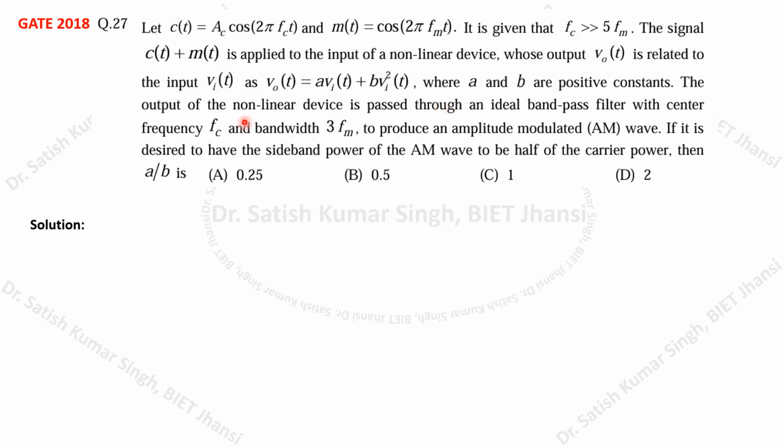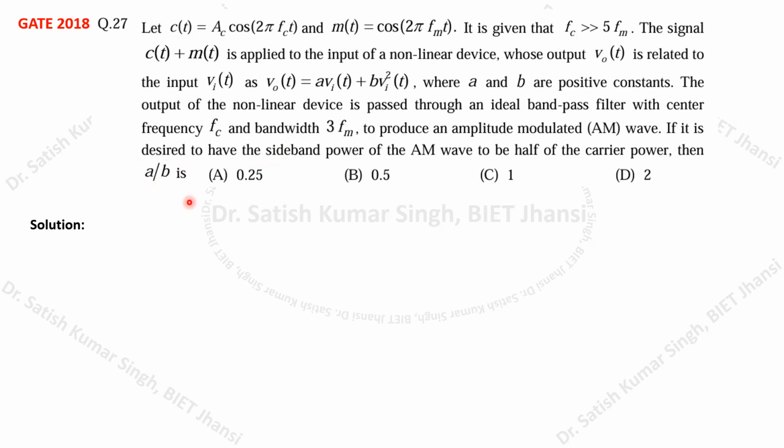The output of the nonlinear device is passed through an ideal band pass filter with center frequency fc and bandwidth 3fm to produce an amplitude modulated wave. If it is desired to have the sideband power of the AM wave to be half of the carrier power, then we have to find this ratio a/b.